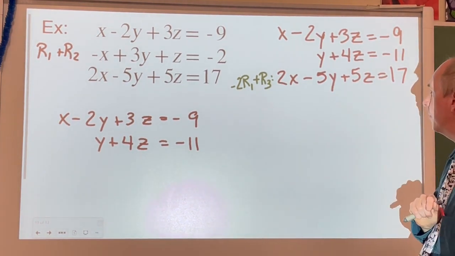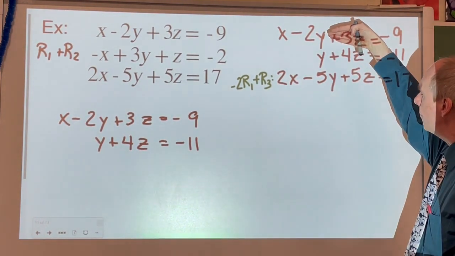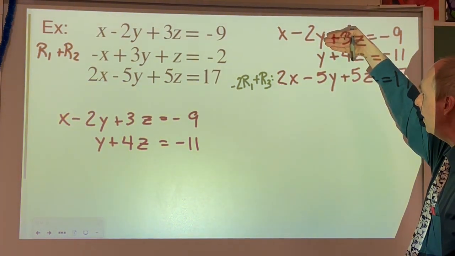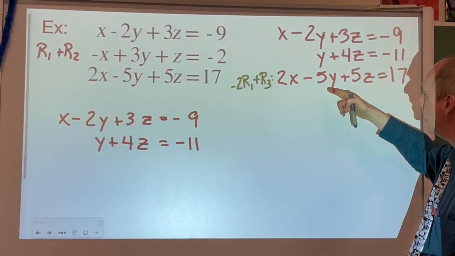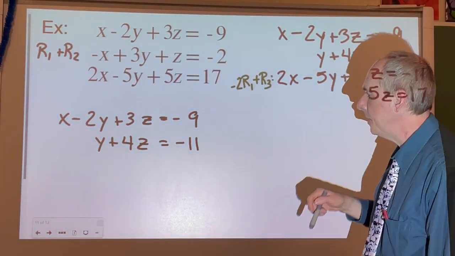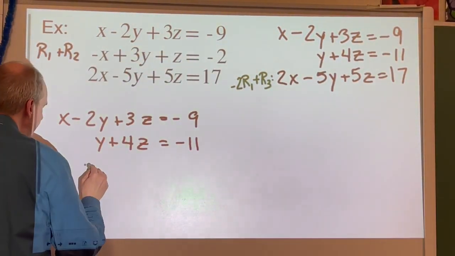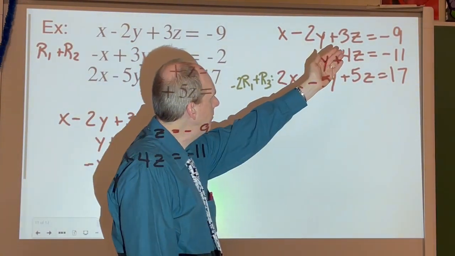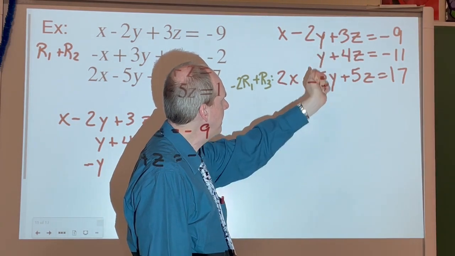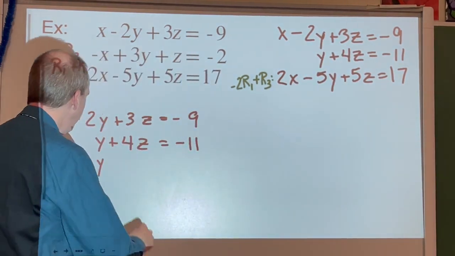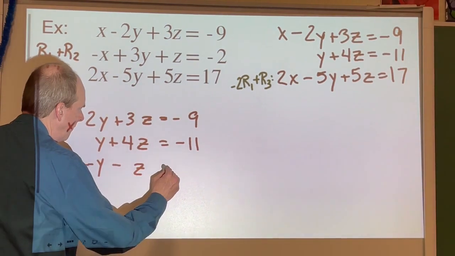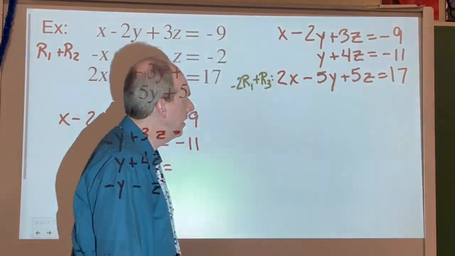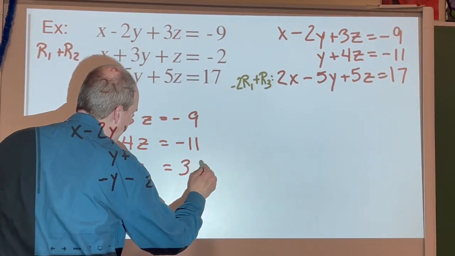The x's are now gone in row 3. -2y times -2 would be 4y, and -5y. 4y minus 5y would leave me -y. -2 times 3z would be -6z plus 5z would give me -z. -2 times -9 would be 18 plus 17 would give me 35.